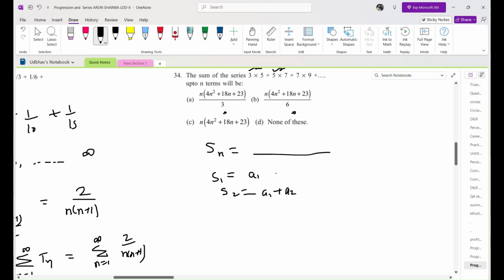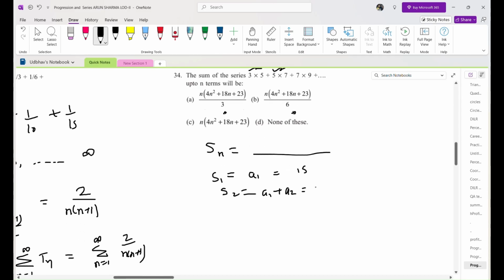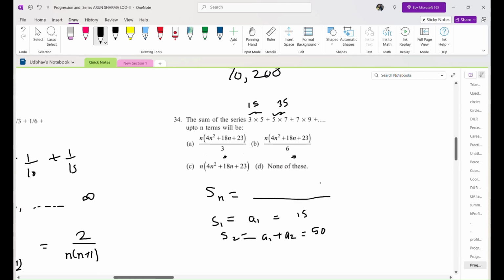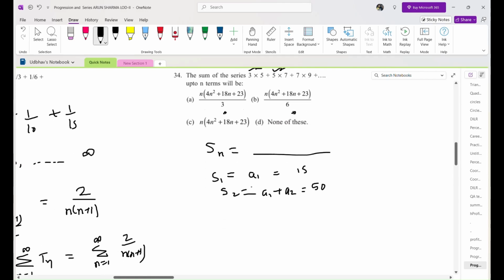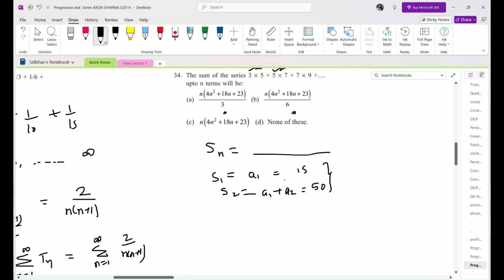So S1 should equal 15, and S2 should equal 15 plus 35, that is 50. We can easily find S1, S2, S3 till S4 if required. We'll just look at which option on putting n equals 1 gives us 15.